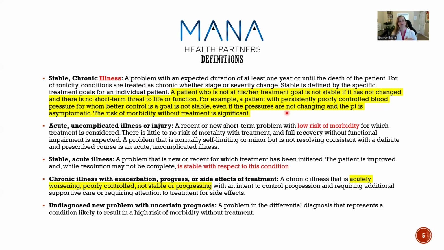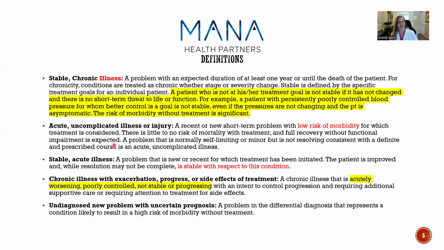Again, we're not talking about the patient. We're talking about the chronic illness. So if the patient is asymptomatic, but their condition is stable, the risk of morbidity without treatment is significant, they would have a stable chronic illness.